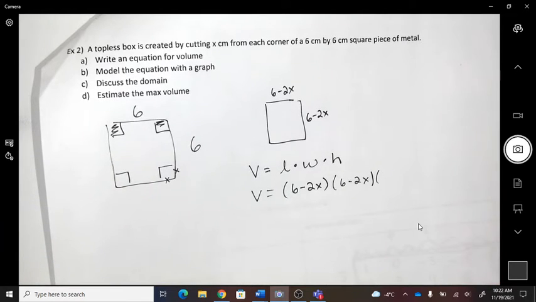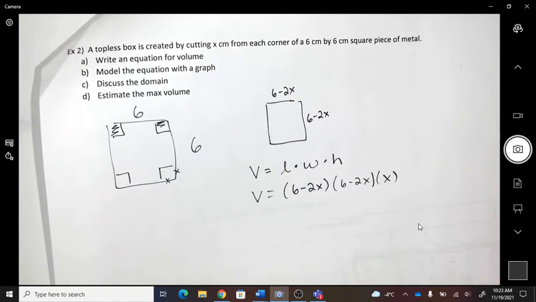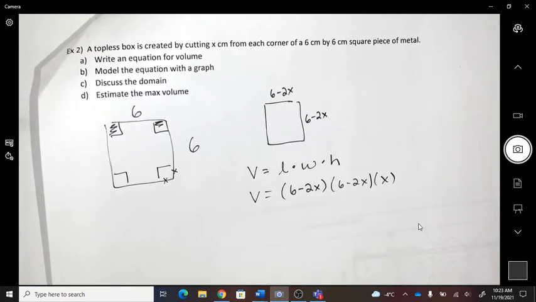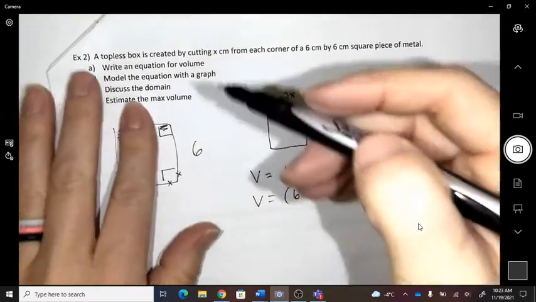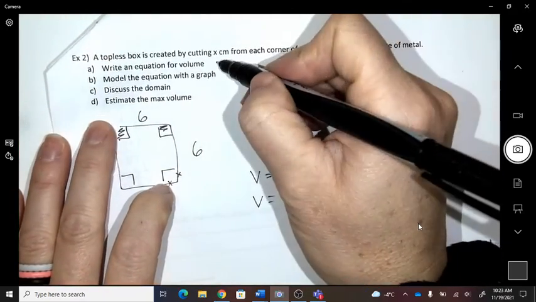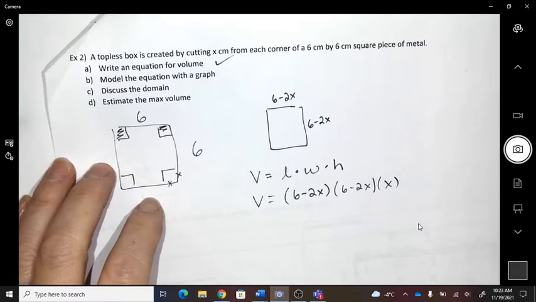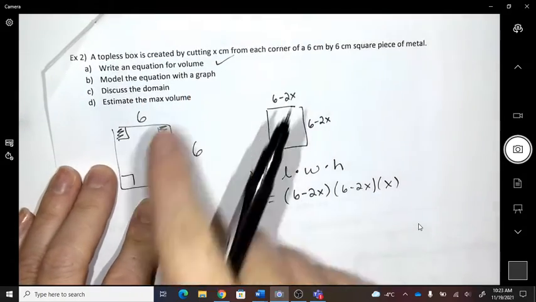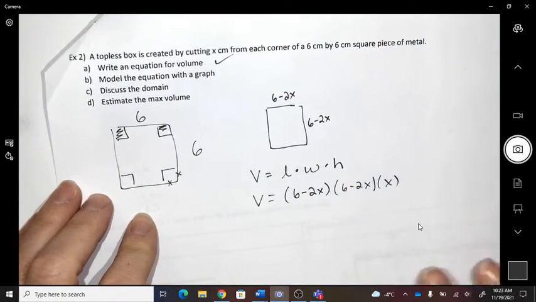And look at my box. What's the height? It's x, right? Because if I cut x off and then I fold it up, you see that that height is x. Okay, so write the equation for volume. Done. Model the equation with a graph.